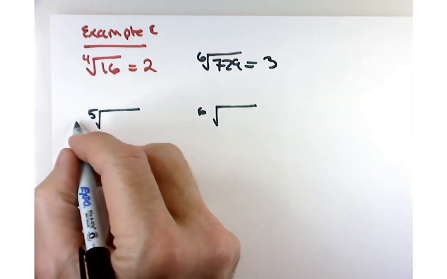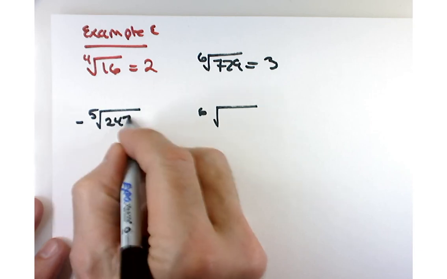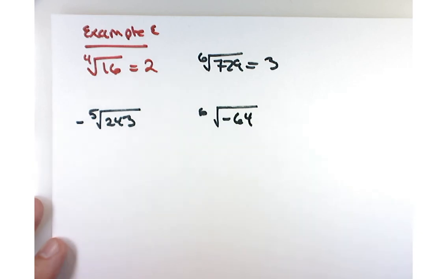What if I gave you negative of the 5th root of 243? Or the 6th root of negative 64? So a couple more to think about here.